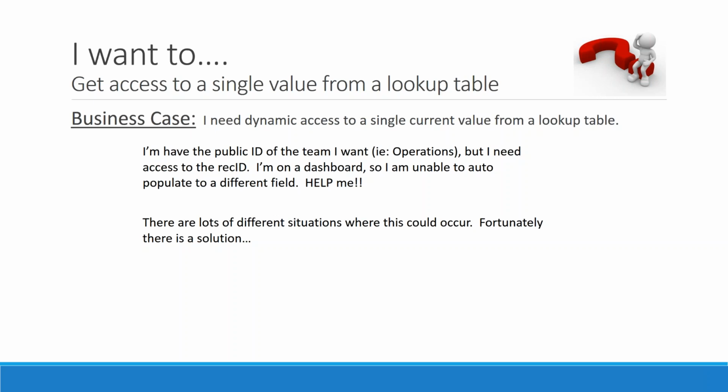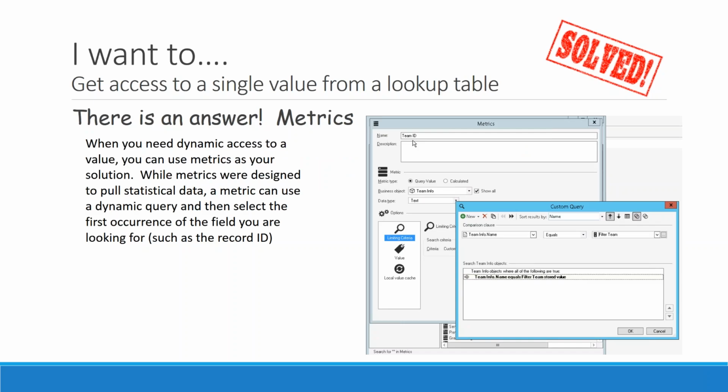The next thing is a slightly different iteration of what I had done with the user table: I need access to a single value from a lookup table. For example, maybe I have the public ID for my operations team and I need access to the rec ID. I'm on a dashboard, so I'm unable to auto-populate that to a different field. And I said, help me. There is a solution: I can create a metric. My metric can use a value that I prompt for.